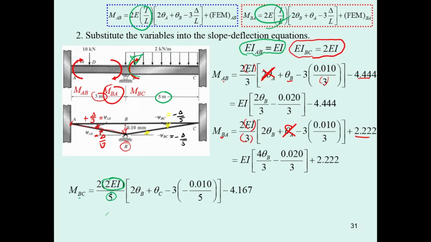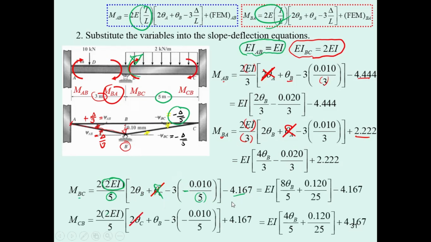B before C, 2 theta sub B plus theta sub C. And this is negative. Beware about it. Okay. And then minus 3 delta over L, and fixed end moment BC. And then the last one, CB. You do the same thing. And then you get 4 end moments.